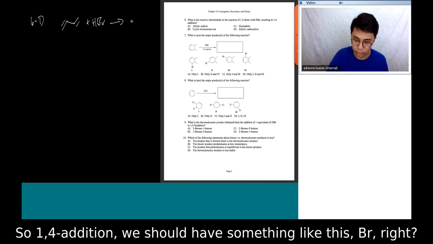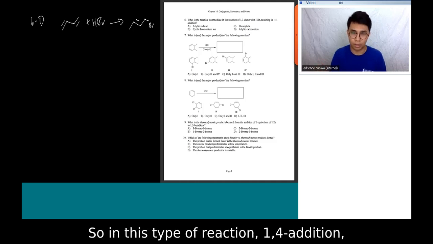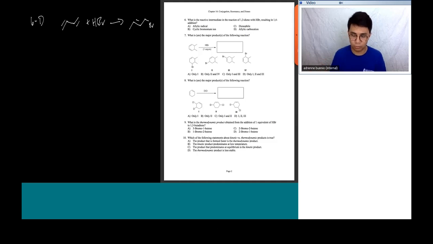Right, so 1,4 addition, we should have something like this, Br, right? So that's our product. So in this type of reaction, 1,4 addition, what is the intermediate, right?